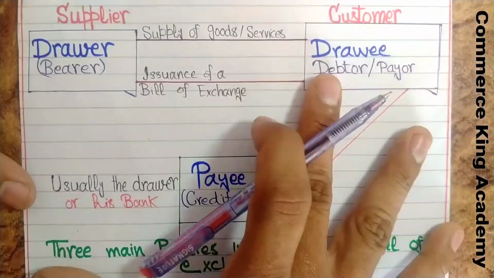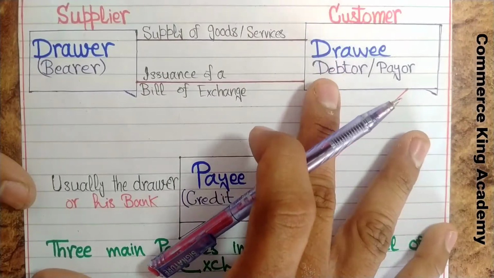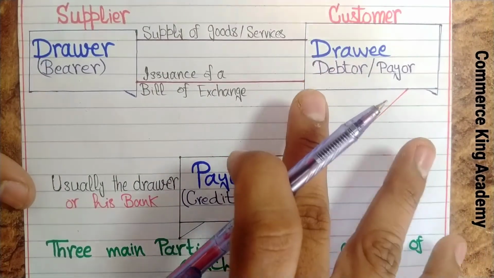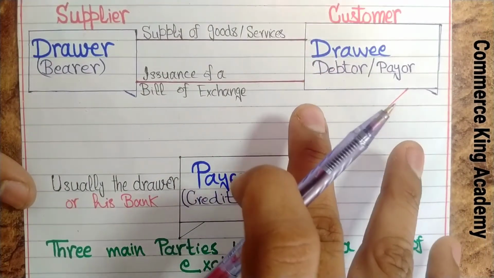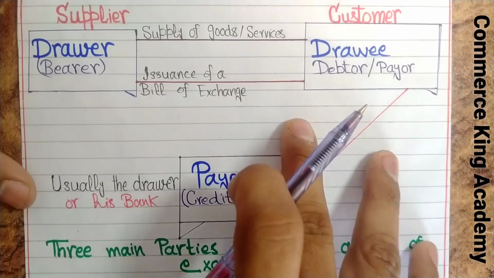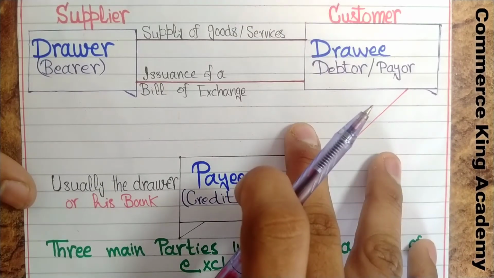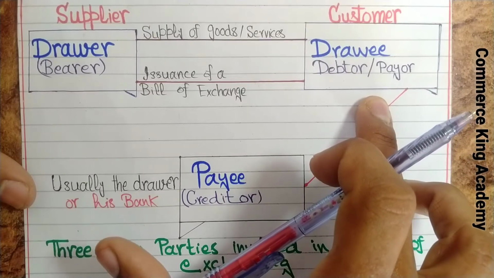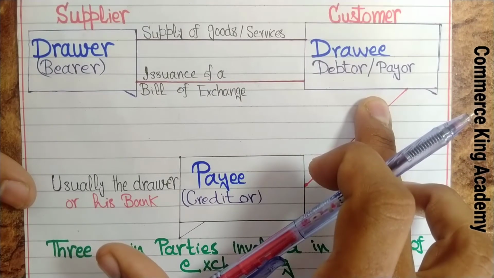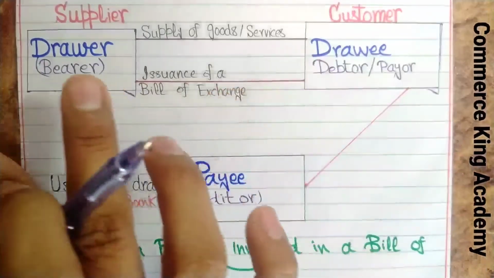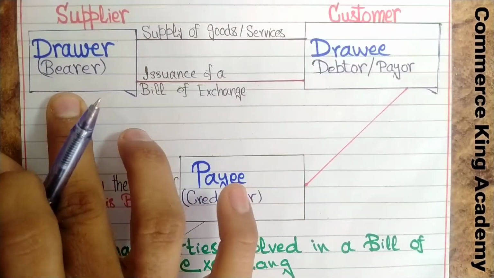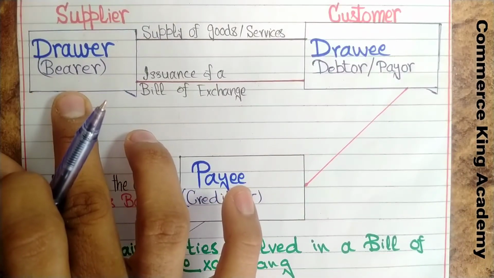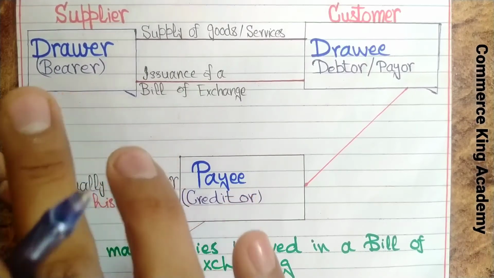So the bill of exchange is therefore an order to pay and requires acceptance to be valid. By acceptance, the drawee engages himself to pay the amount of the bill of exchange to the bearer or holder on the due term or till the maturity date.